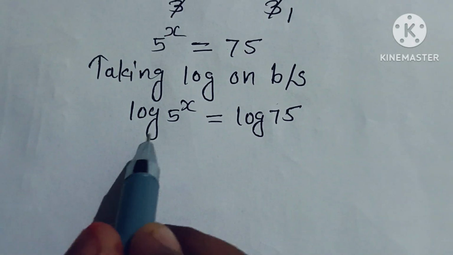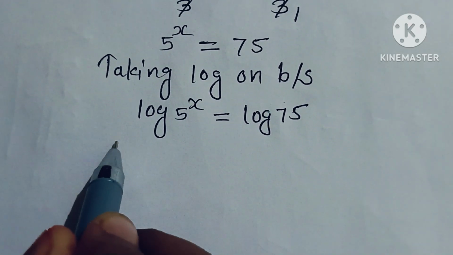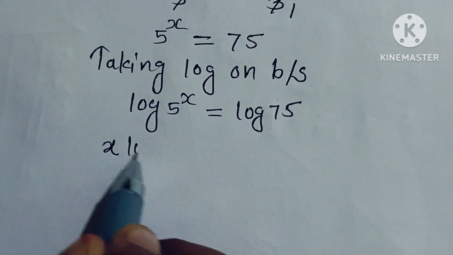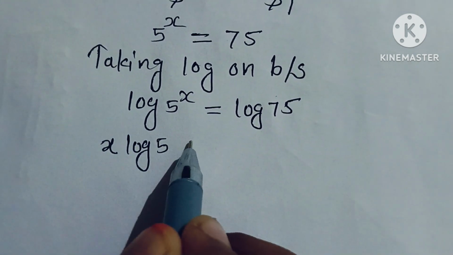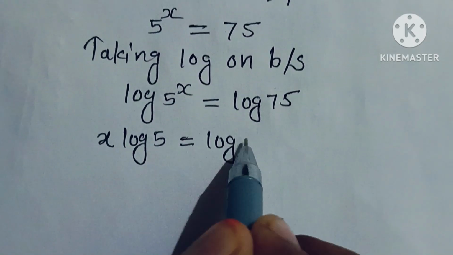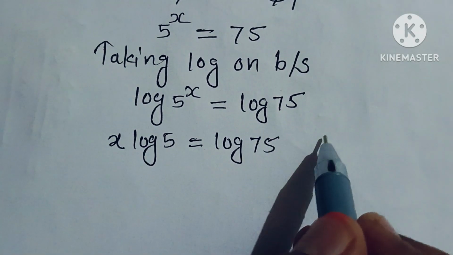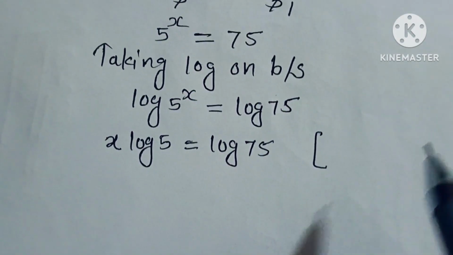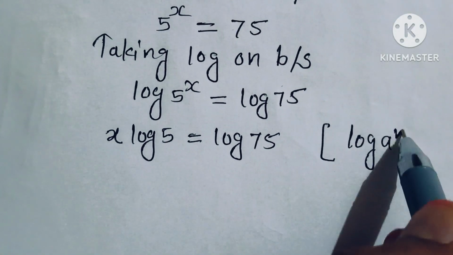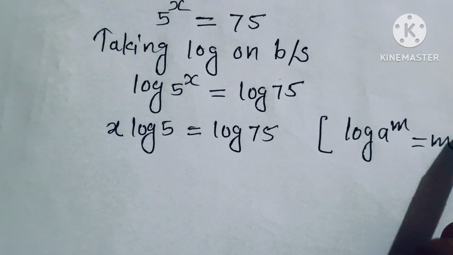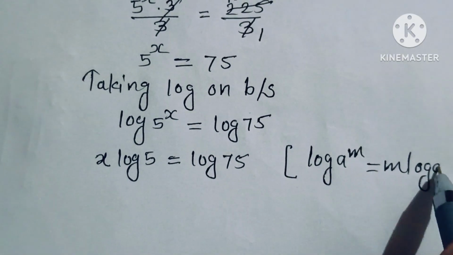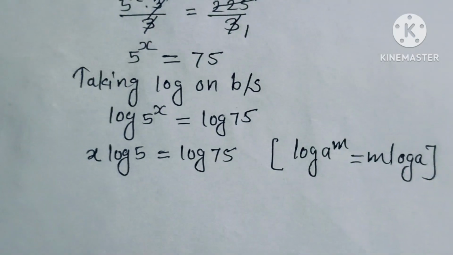We can write here x log of 5 equal to log of 75. Here we have used one formula, that is log of a raised to power m equal to m log of a. This formula we have used here.